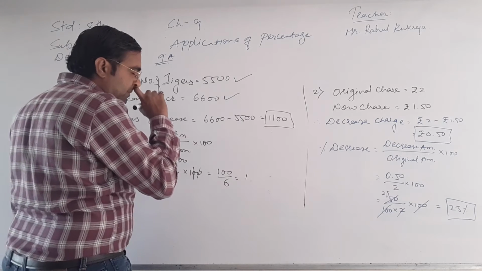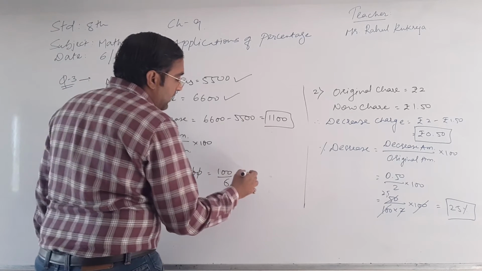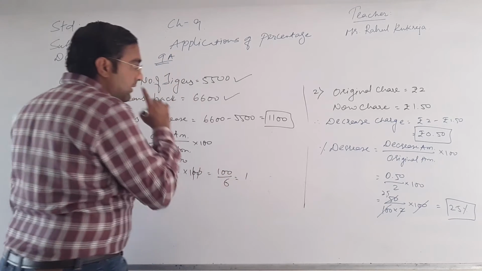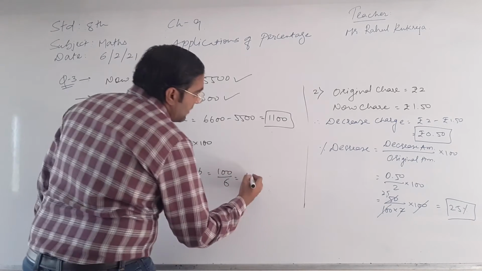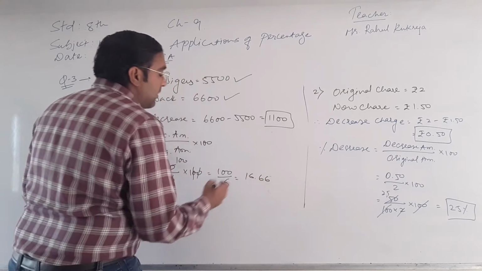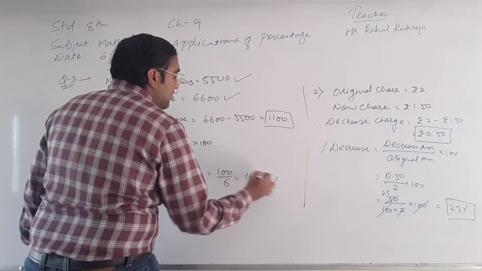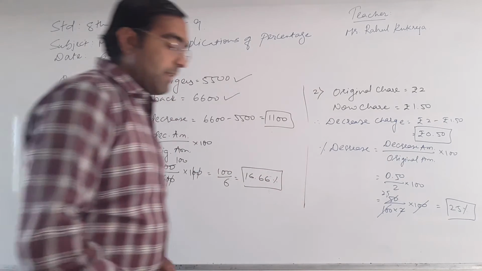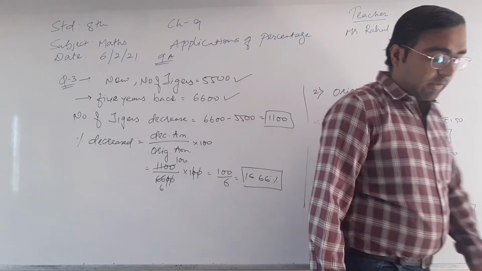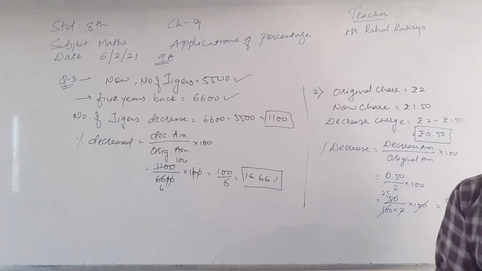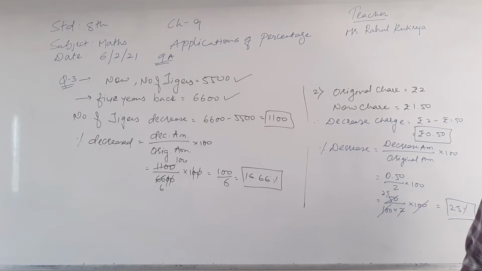After that, 4 40. 6 5s are 30, 6 6s are 36, 16.66. Okay, how much percent decrease of number of tigers from 5 years? It was 16.66% number of tigers are decreased. Clear?